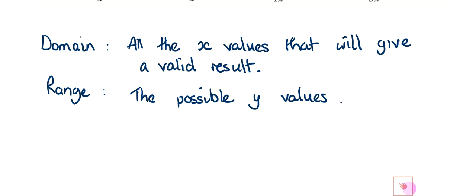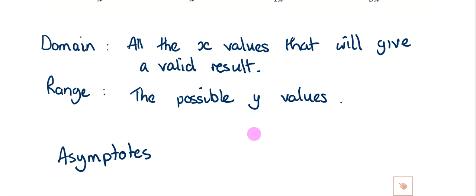So there are certain things that we now need to take into consideration. Within rational functions, we've got these things called asymptotes. What are asymptotes?